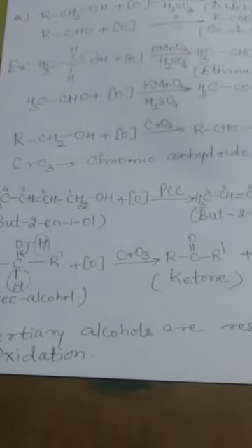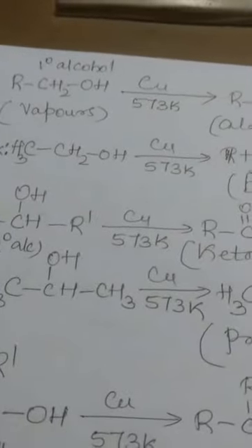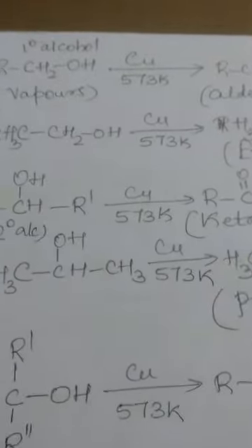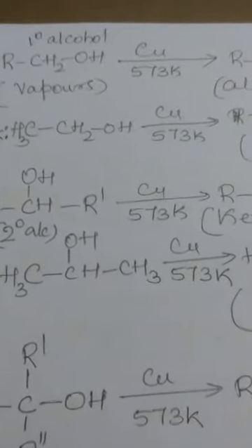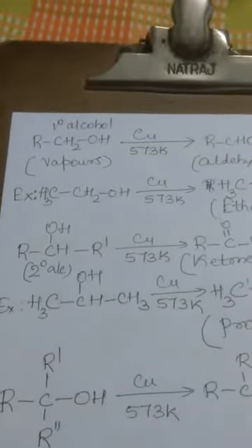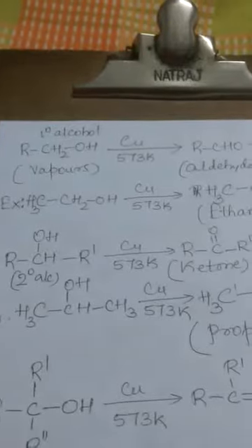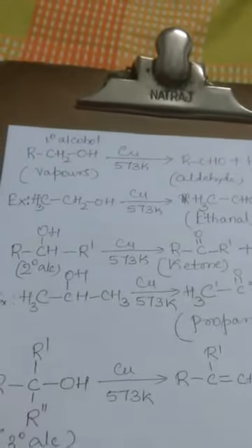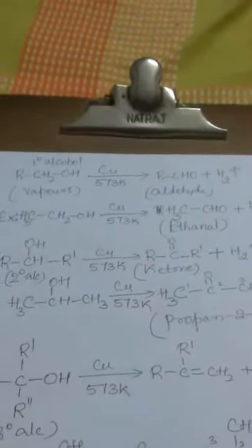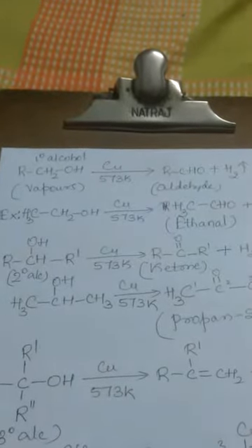Now, as you all know, the physical state of alcohols is liquid. Now, these alcohols on heating above their boiling point are converted to vapors, right? So, if you take vapors of a primary alcohol or even a secondary alcohol and pass these vapors over a copper catalyst at an elevated temperature of 573 Kelvin, the product formed is an aldehyde with the liberation of hydrogen.